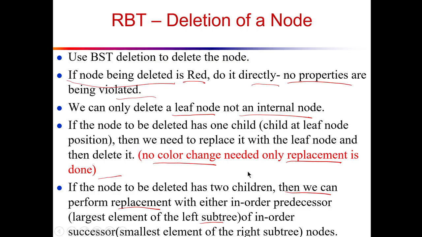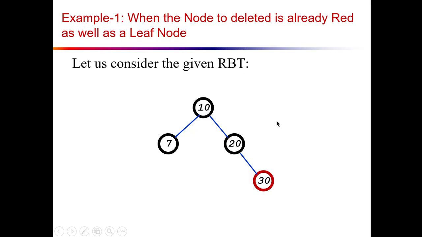All right. Now, in order to understand this better, let us take an example into consideration. So, for instance, we have this given red-black tree. I'm telling it again that whatever examples I take here are already red-black trees, complying with all the properties: the root is always black in color and there can be no two adjacent red nodes, right?